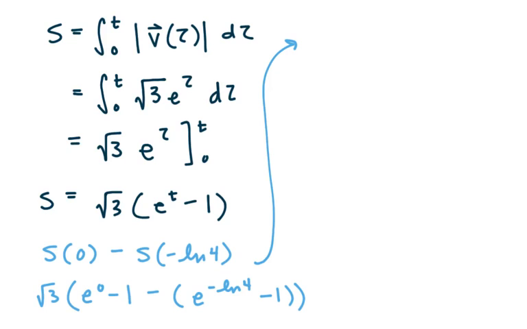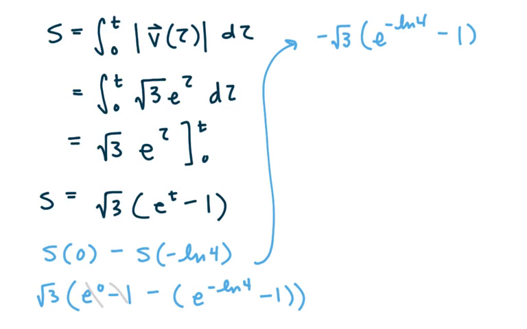E to the 0 is 1. 1 minus 1 is going to go away. I'll go ahead and pull that negative in front of my root 3. So I have negative root 3. And I'm left with e to the negative natural log of 4 minus 1.